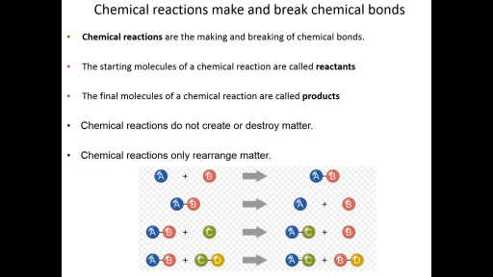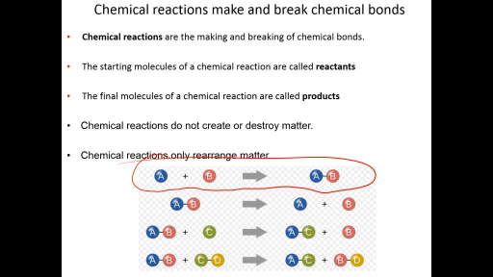Alright, so here you're shown different types of chemical reactions. In this first process, you have reactants A and B being joined together to form product AB. You can have AB that breaks off into A and B. So one involves the forming, one involves the breaking of bonds.